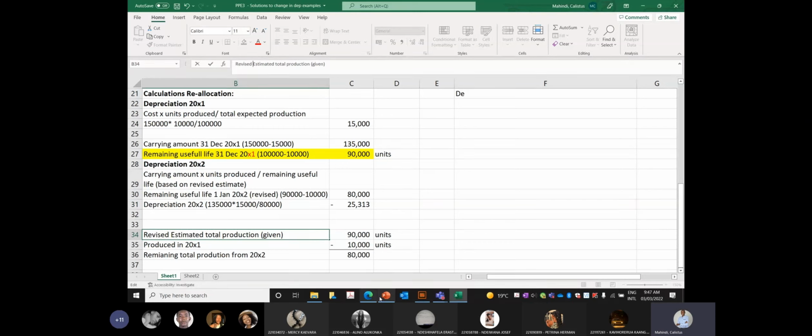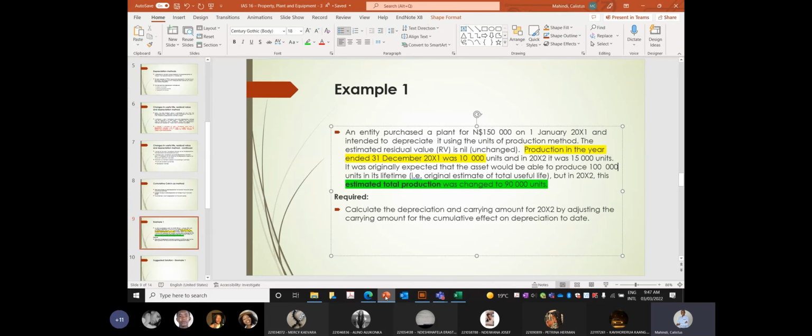This is given in the question. It tells us in 20X2, this estimated total production was changed to 90,000 units. The part that is highlighted in green, can you see that? I'm waiting for your input.